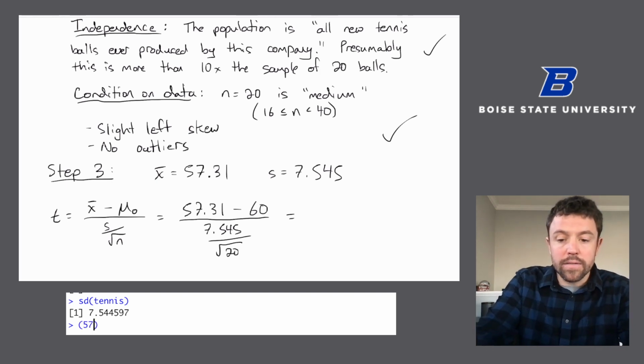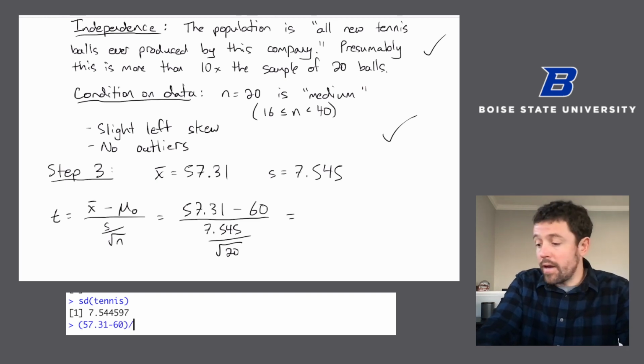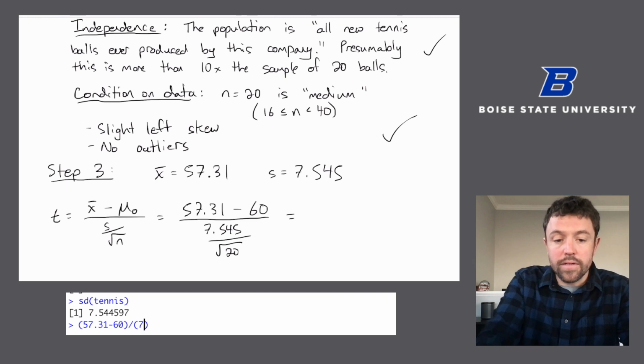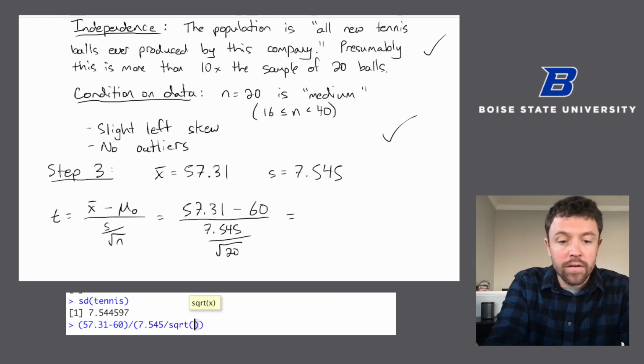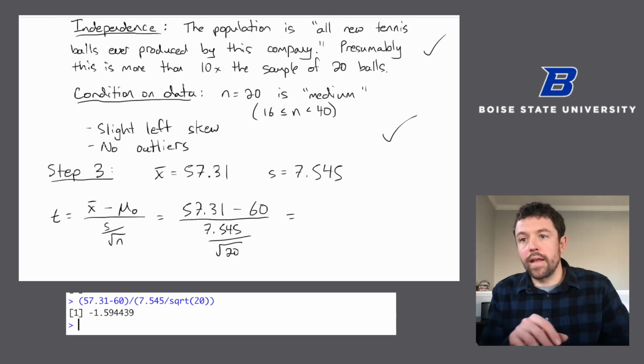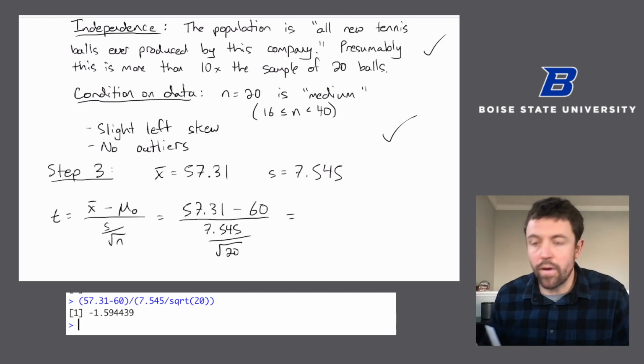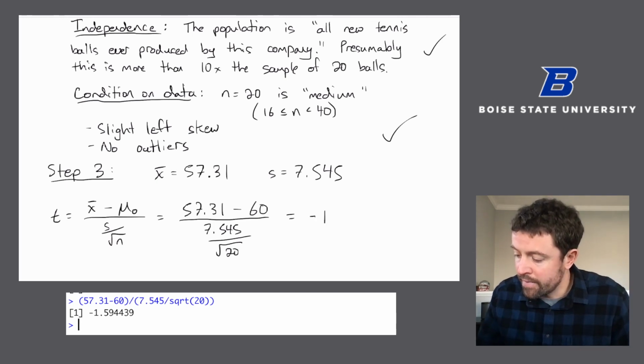The numerator has to be in parentheses. And the denominator has to be in parentheses, right? I want to do this division before the other division. And I get minus 1.59. So that's T.